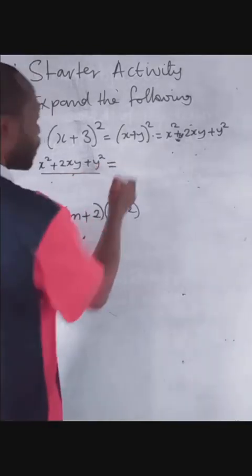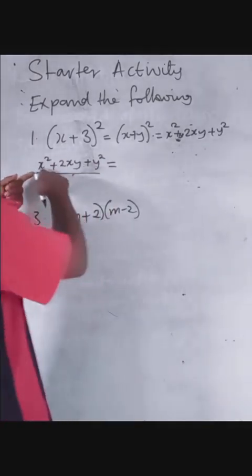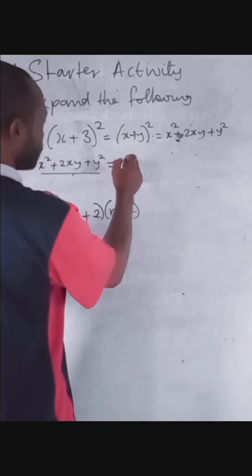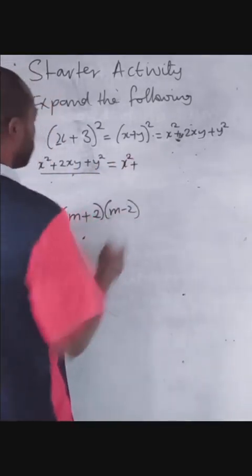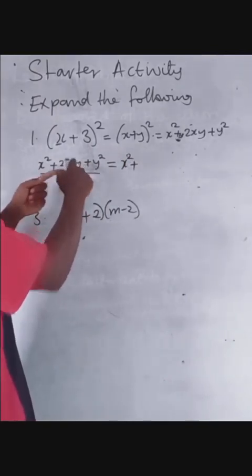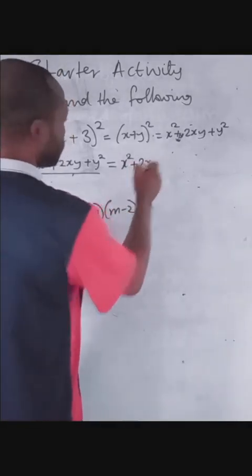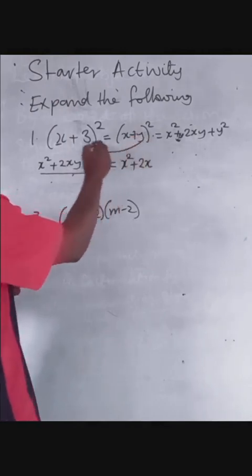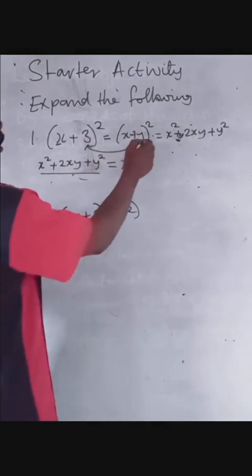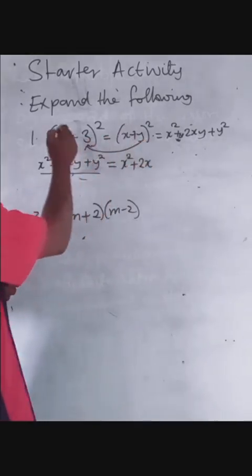So if I put values into this expression, x squared is x squared. X squared doesn't carry any value. 2xy is going to be 2x multiplied by y. The value of y here is 3. Can you see it? X does not have any value.